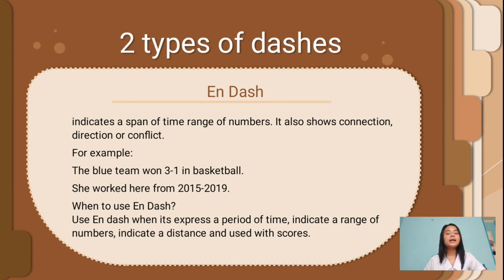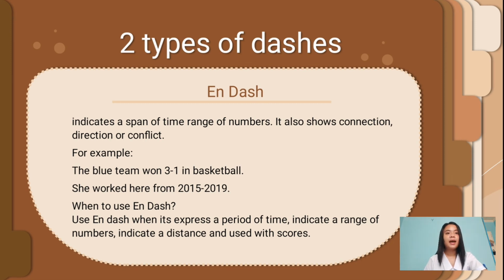So here are examples of a sentence using N dash. So first, the blue team won at 3-1 in basketball. So we have here the N dash between the numbers 3 and 1. So second example is she worked here from 2015 to 2019.